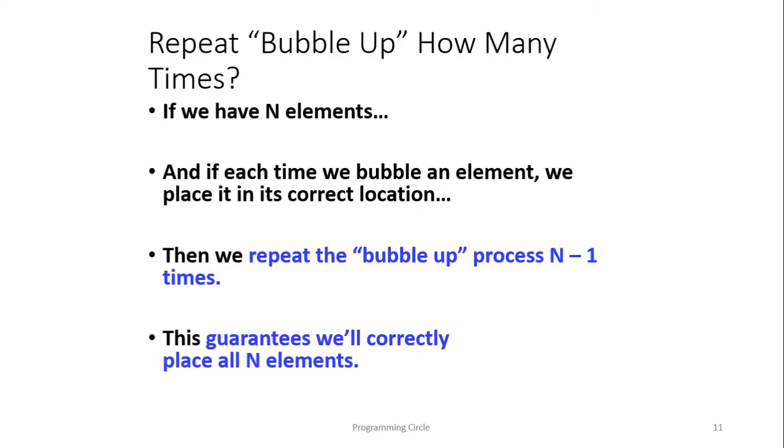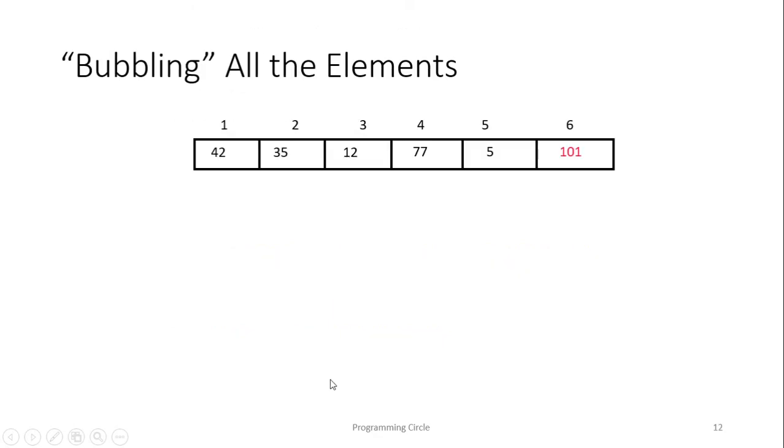How many times does this bubbling up have to be repeated? It has to be repeated n minus 1 times, where n is the total number of elements. This guarantees that we will correctly place all n elements.